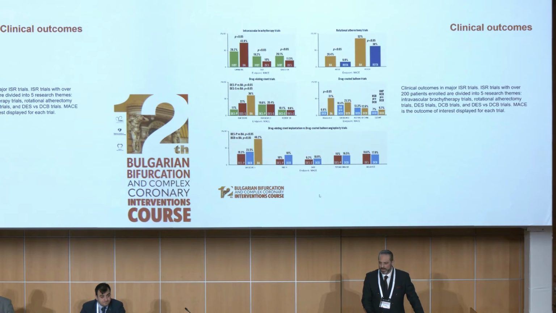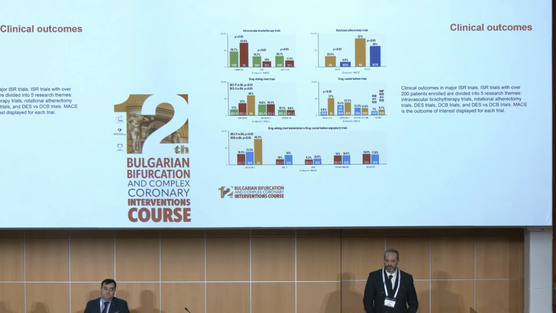The clinical outcomes of different techniques are different. Obviously, this is a very nice review in literature of all the in-stent restenosis trials. And you see here that we have intravascular brachytherapy, rotational atherectomy, drug-eluting stent trials.